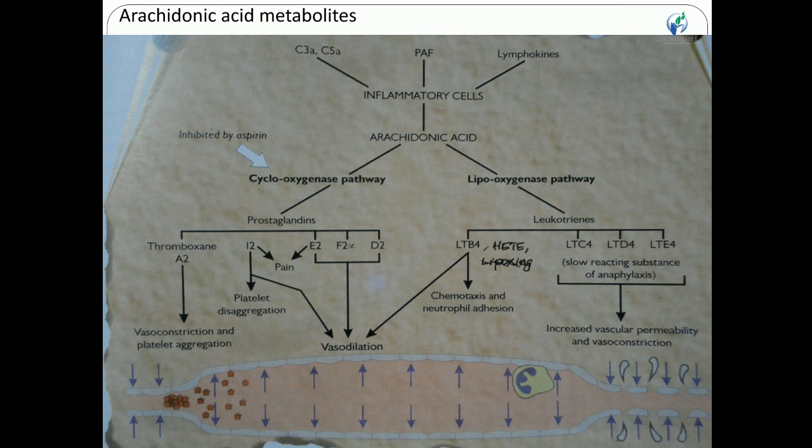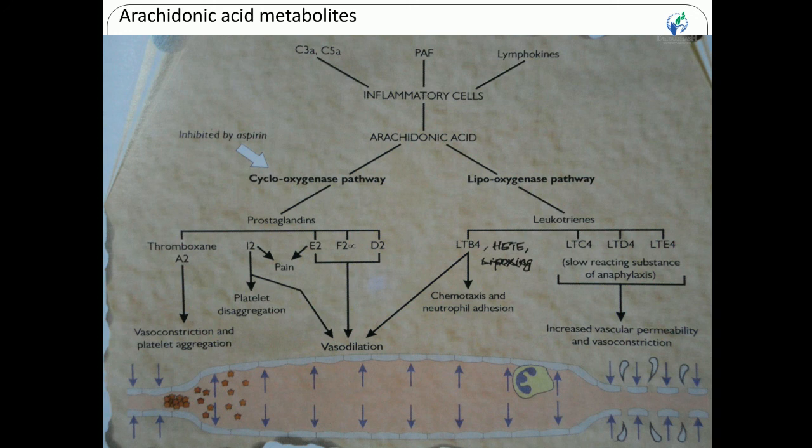In this one specific diagram, I have included all those arachidonic acid metabolites. See here how to understand this. As we are discussing inflammation, in chemical mediators, this is how arachidonic acid will be released.